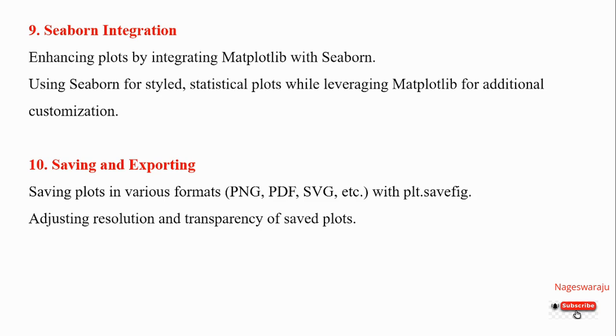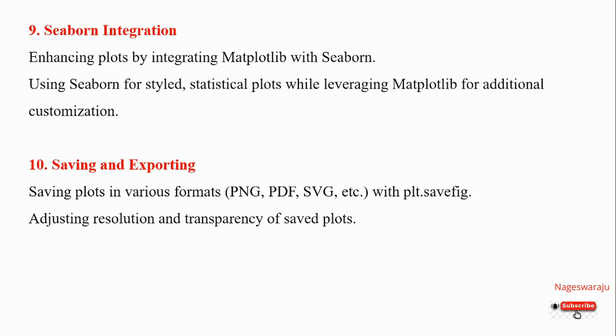Okay. Next one, how to save a plot. When we create any plot, we need to save that plot. How to save it is using the savefig method. By using the savefig method, we save the data. In which format? PNG format, or PDF format, or SVG format.